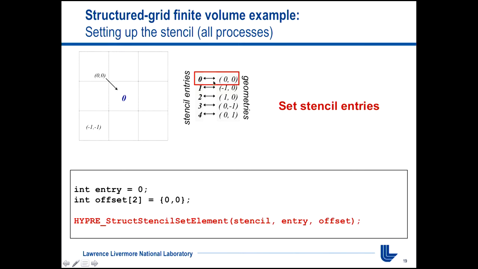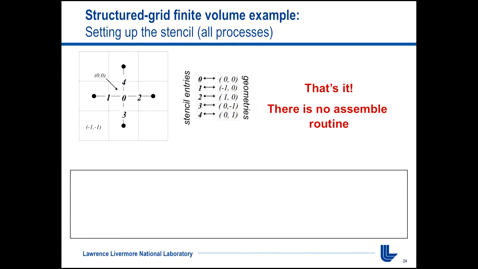So 0, 0 is the center, -1, 0 is the west coefficient, +1, 0, et cetera. You make this call 5 times, and that's it. Now I've described the shape of the stencil, so in conjunction with the grid, I understand the non-zero structure of the matrix. A stencil represents a row of the matrix, basically. It's just described now in this more geometric way.